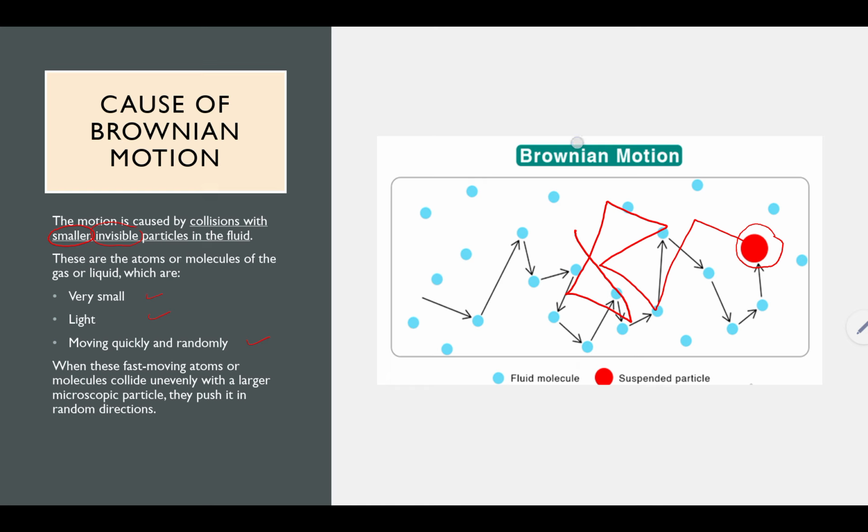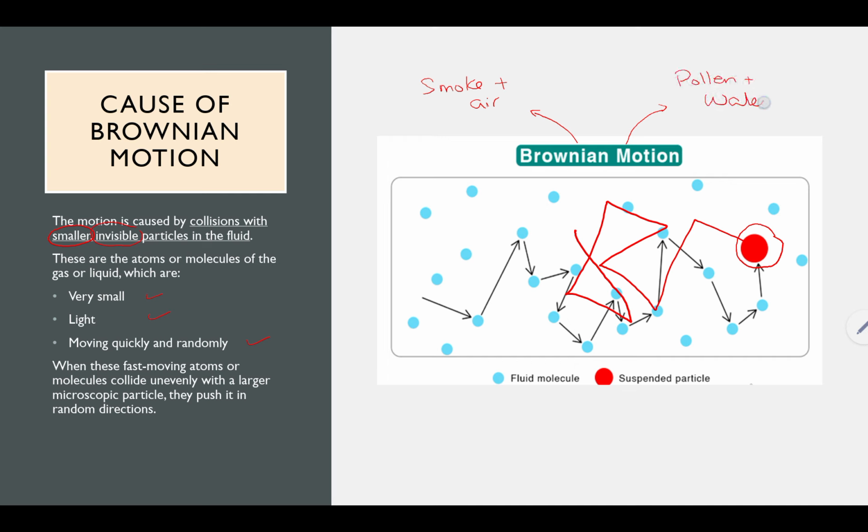This experiment was done with smoke with air. I can see the smoke, but I cannot see the air. So my smoke particle is bombarding with the air, causing a zigzag motion due to the collision with smaller, invisible air particles. And they've also done it with pollen and water.